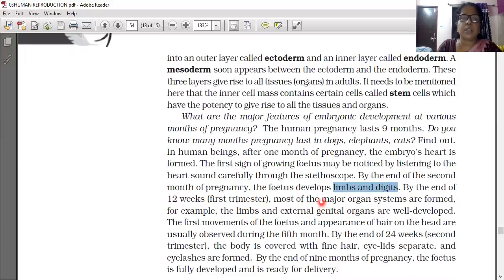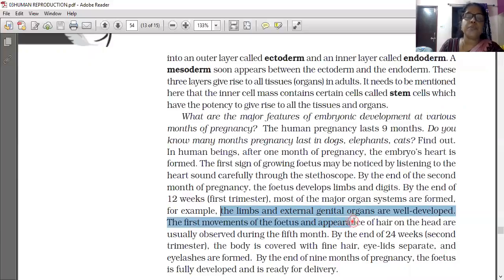For example, the limbs and external genital organs are well developed, so doctors can identify whether the fetus is male or female.